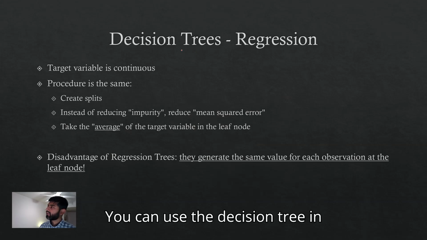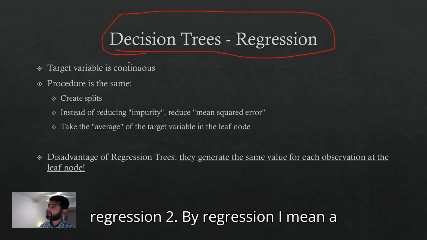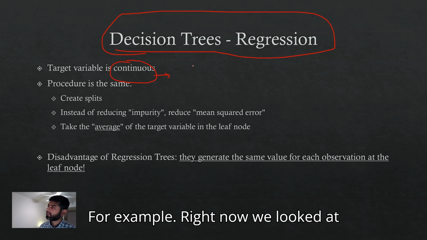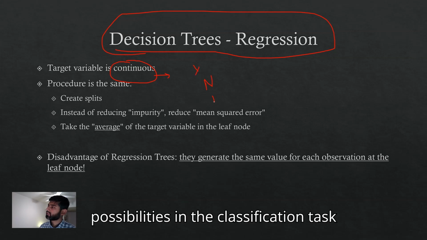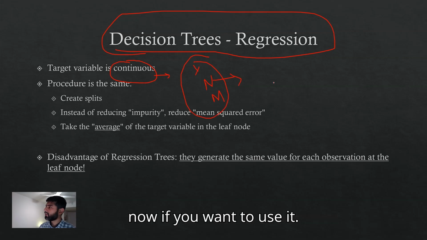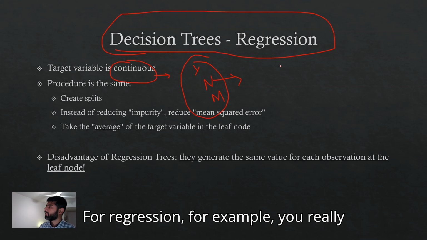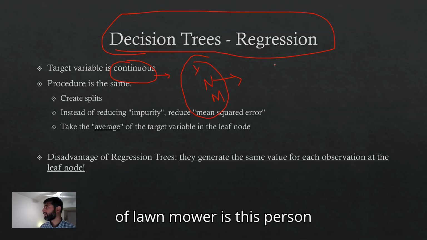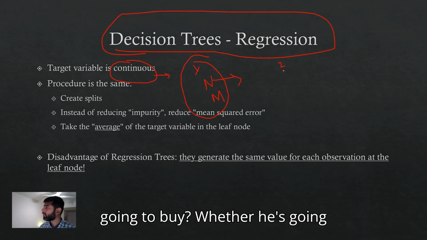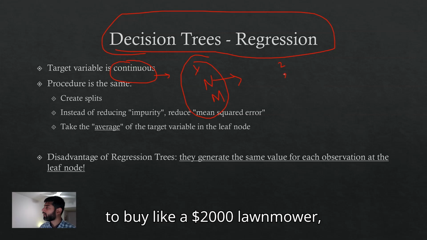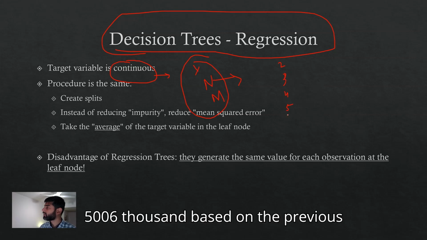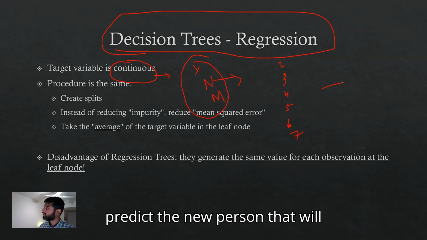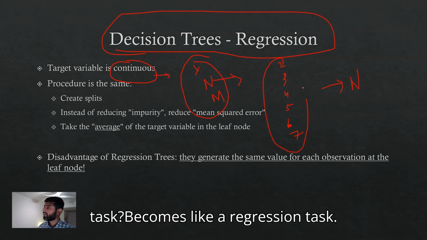You can use the decision tree in regression too. By regression, I mean a continuous variable in the target column. For example, right now we looked at yes, no, maybe, just three possibilities in the classification task. Now, if you want to use it for regression, for example, you want to know what kind of lawnmower this person is going to buy: a $2,000 lawnmower, $3,000, $4,000, 5,000, 6,000, based on the previous data set, and you're trying to predict for the new person, that task becomes a regression task.